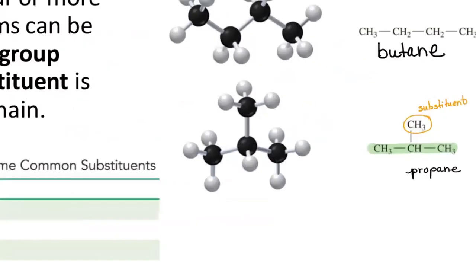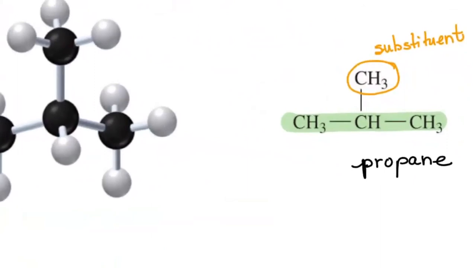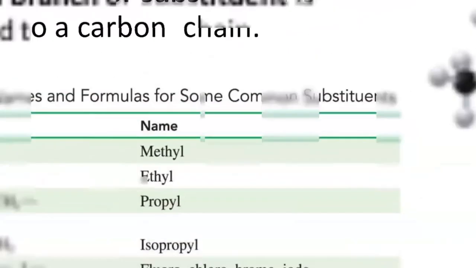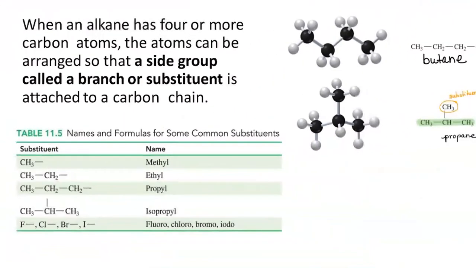In our image, we have a substituent that is a CH3. When we look at this table, we see that a CH3 group is called methyl.